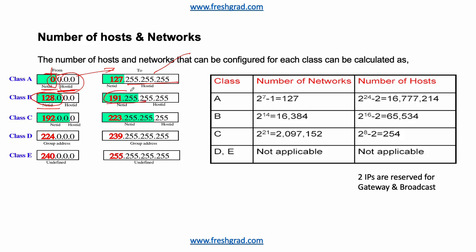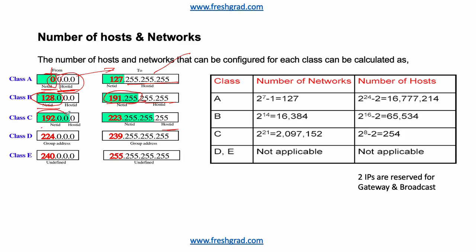Class B is very simple: the first two digits for network ID and two digits for host ID. Always remember that your network ID starts from the first digit, and the last digits would be your host ID.